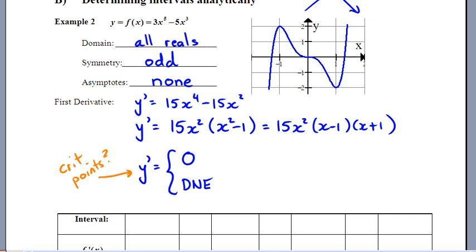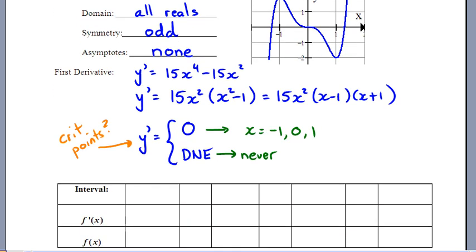That's what this test is all about. Well, you can't break it. It's a nice, beautiful polynomial, so that's a never. But you could make that first derivative equal to 0. 3 possibilities, actually, when x is equal to -1, 0, or 1. So those are some critical x values.